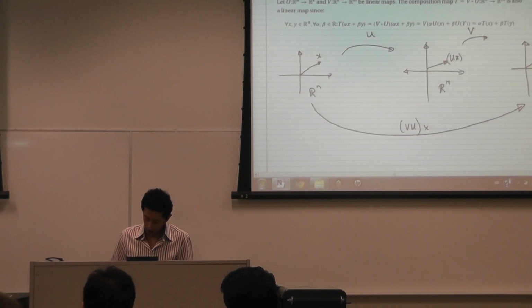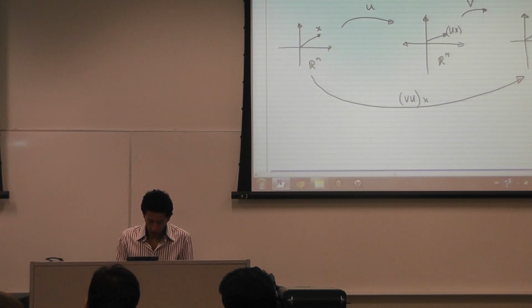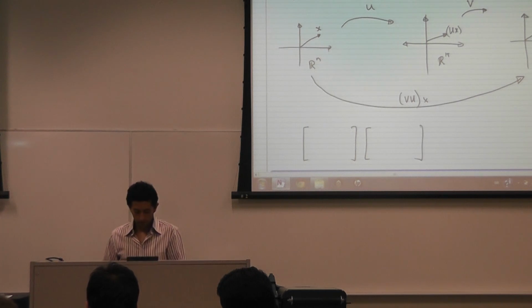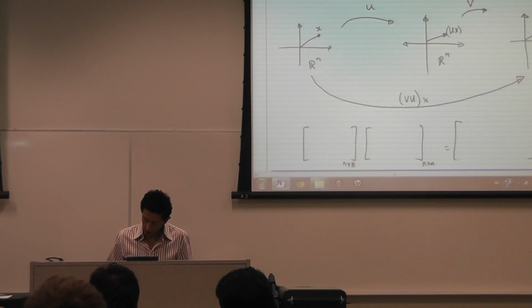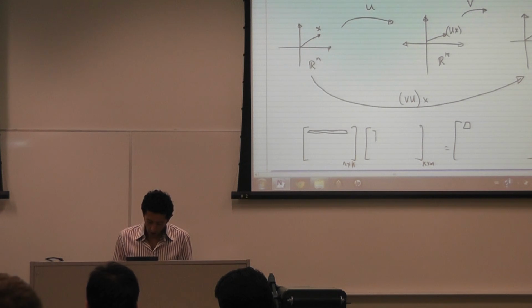So you probably know the multiplication of matrices already. U is n by k, and V is k by m, and the result is an n by m, where each element is equal to the corresponding row multiplied by the corresponding column, or the dot product between this vector and this vector.